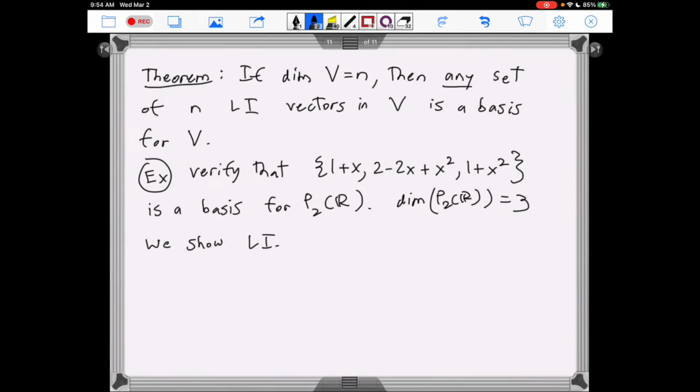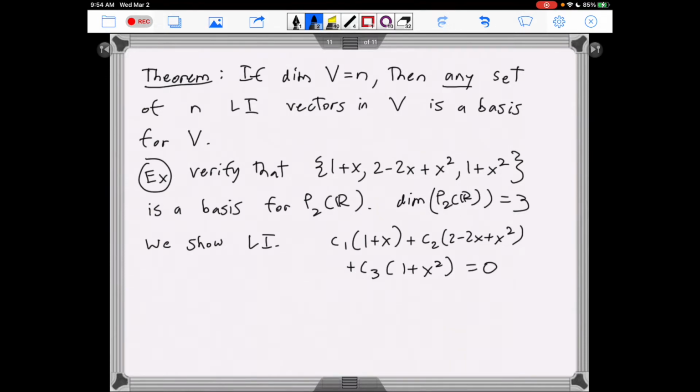It will turn into a system, but we're going to write out the linear combination: C1 times 1 plus x, plus C2 times 2 minus 2x plus x squared, plus C3 times 1 plus x squared.